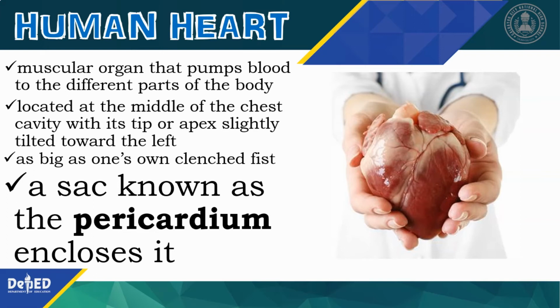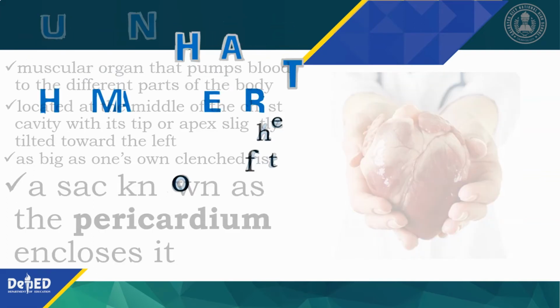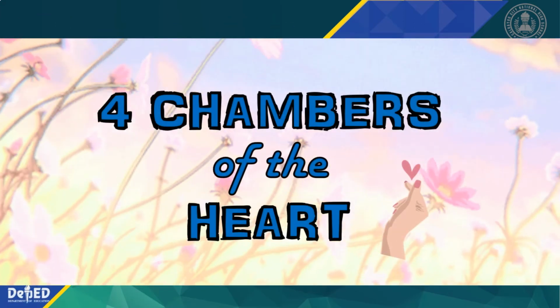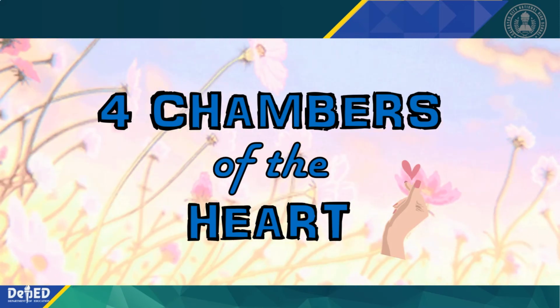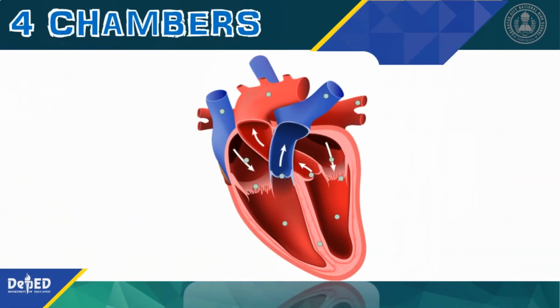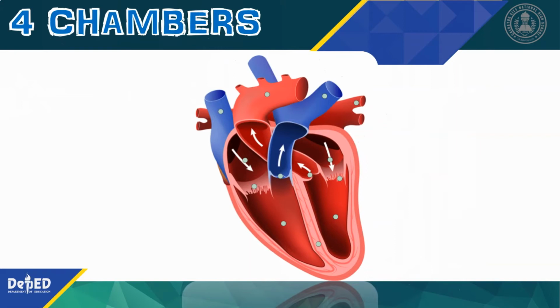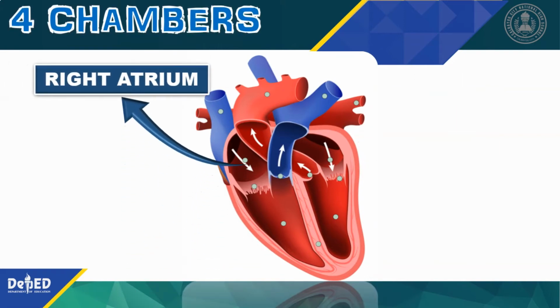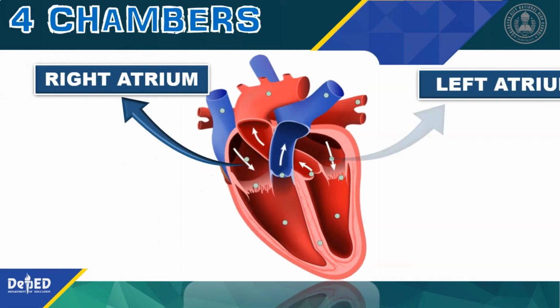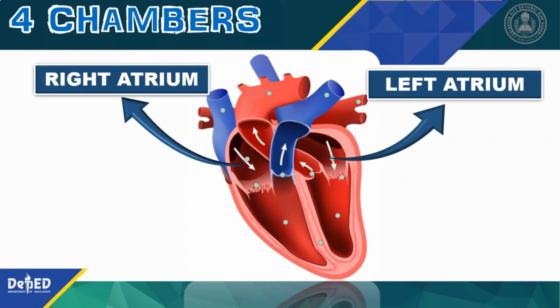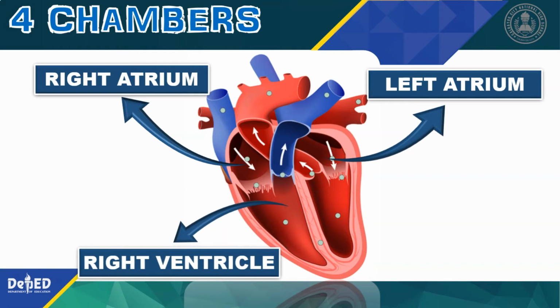The human heart is also a four-chambered heart. Now, let us learn further these four chambers. These are the right atrium, the left atrium, the right ventricle, and the left ventricle.